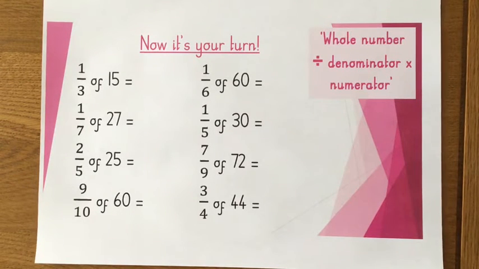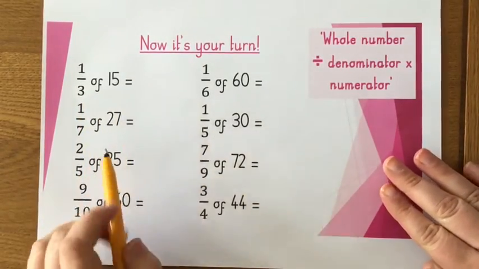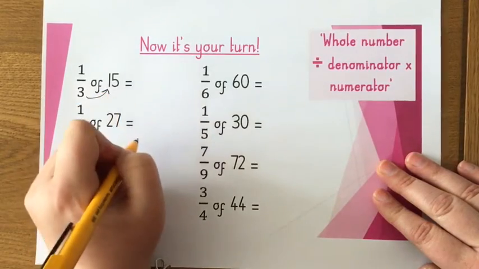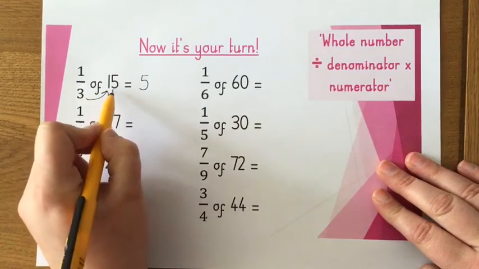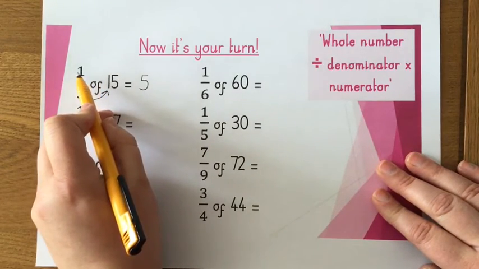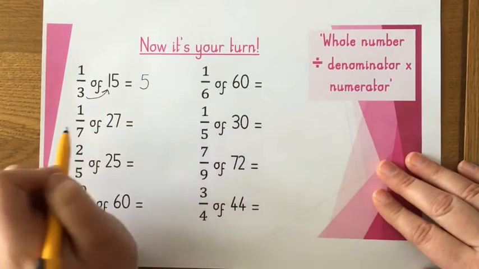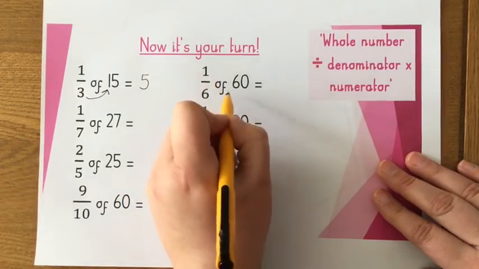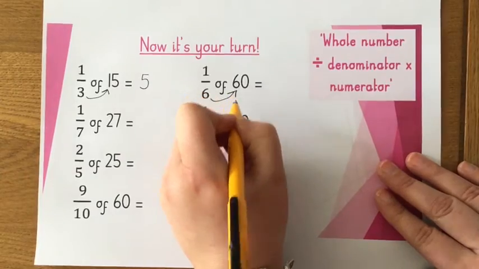Let's see how you got on. So, 1/3 of 15. So, how many 3s are in 15? Well, I know that that's 5. So I've done 15 divided by 3. 5 times by 1 is 5. So 1/3 of 15 is 5. Okay, 1/6 of 60. 60 divided by 6, or how many 6s are in 60?